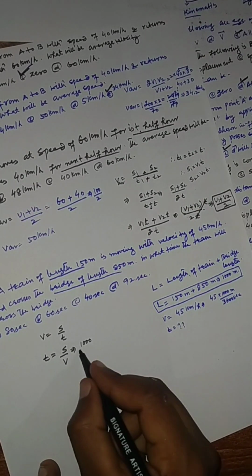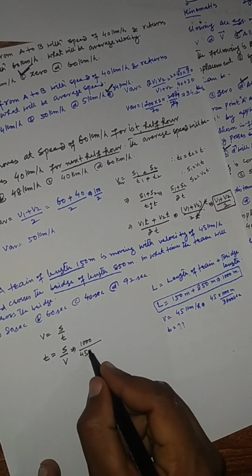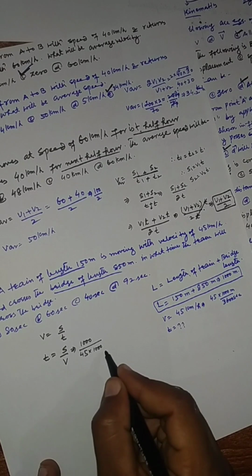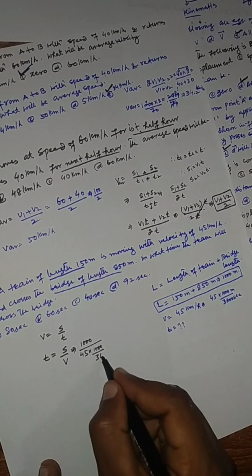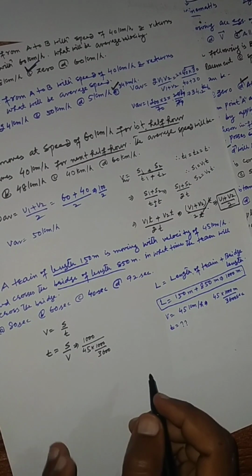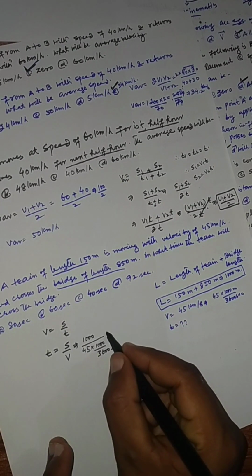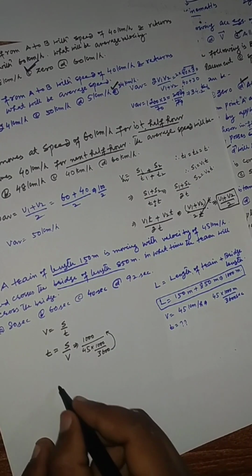S is 1000 and V is 45 into 1000 over 3600. So this is the denominator, this will be the numerator.